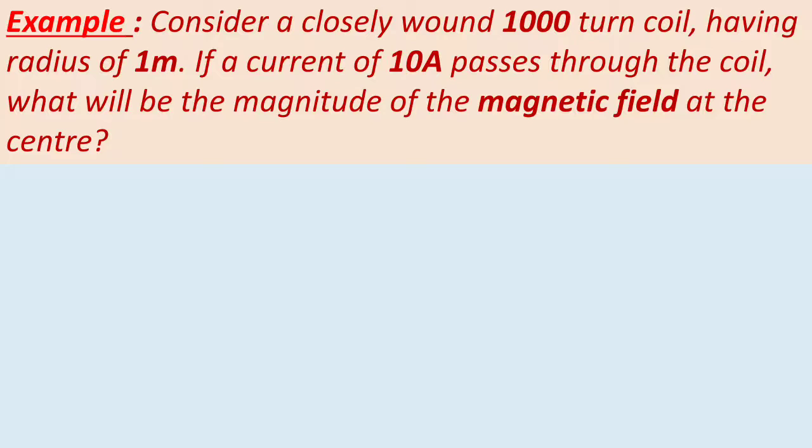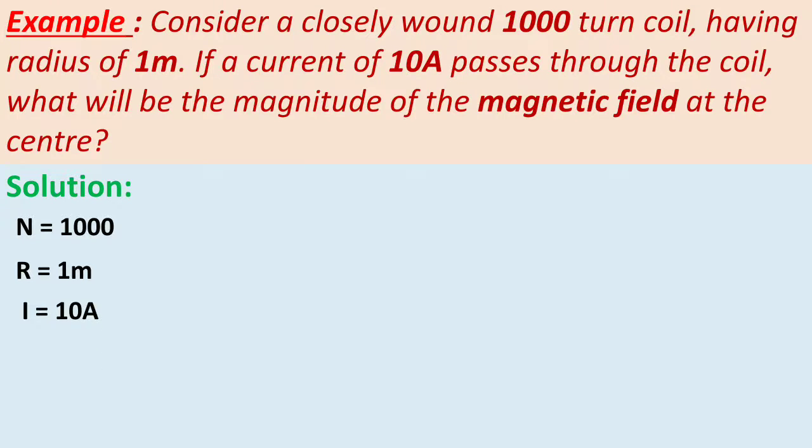What are the data here? Consider a closely wound 1000-turn coil. So first of all, we have N, capital N is equal to 1000 turns, having a radius of 1 meter, that is R is equal to 1 meter. A current of 10 ampere is given, so I is equal to 10 ampere. Nothing else is given, so we have to find the magnetic field at the center.